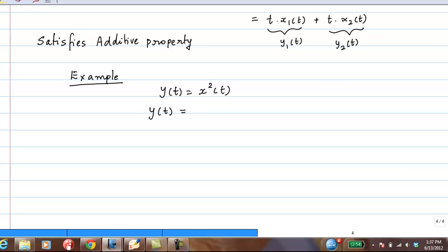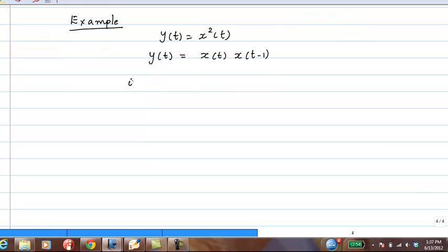Say we have y of t is x of t times x of t minus 1. So you can think of this as output of t is input of t times input of t minus 1. Now if I consider an input x1, my output corresponding to the input, maybe I will write it.